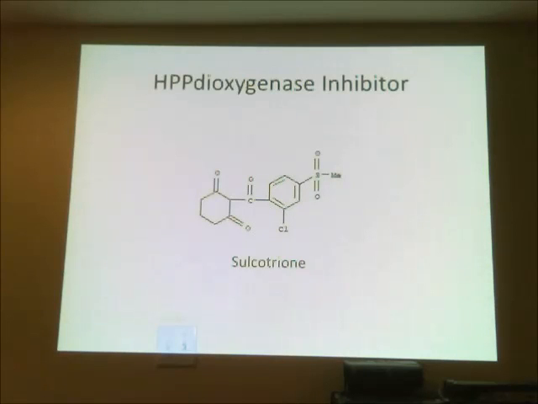A better way of doing that is to look at specific enzymes, and perhaps once you understand what the mode of action of a chemical agent is, usually what that's doing is the structure of this compound is such that it is going to fit into the active site of some particular enzyme, and it's going to bind to that enzyme. And there's going to be two principal things that we're going to look at.